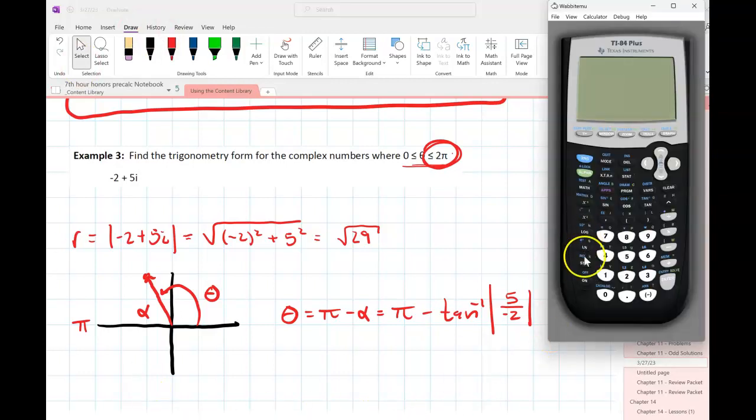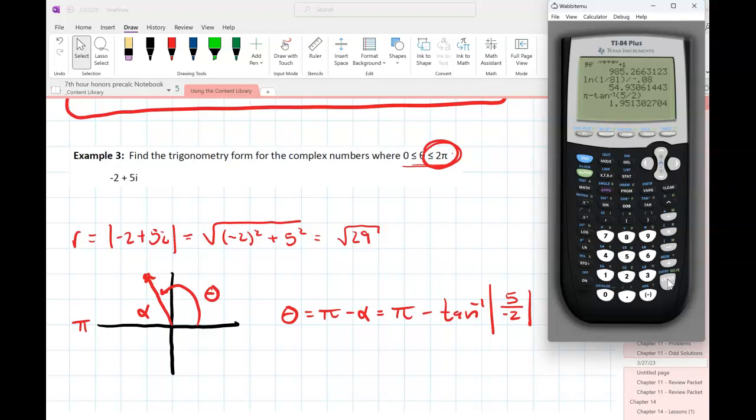So I'll go to my calculator right quick. Make sure I'm in radian mode. We'll do pi minus tan inverse. And I'm going to do the absolute value just in my head rather than in the calculator because, quite frankly, I don't need the calculator to drop some negative signs here.